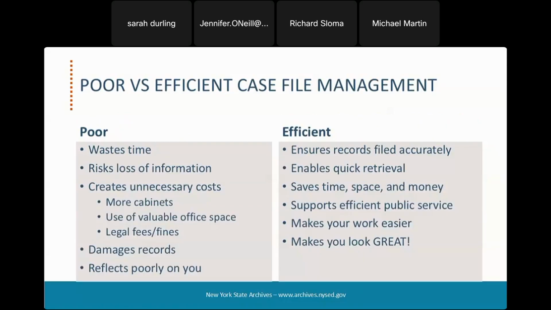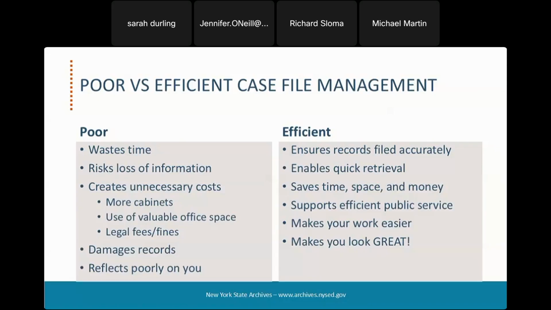So the results of poor versus efficient file management of case files can be pretty obvious, but there are some comparisons we can do. Okay, there's the waste of time, the risk of loss of information, all of that.